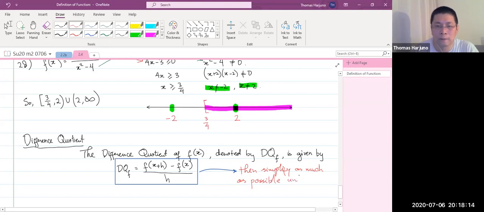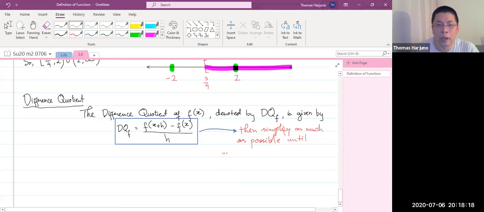until, if we replace h by 0, then we don't get 0 over 0.